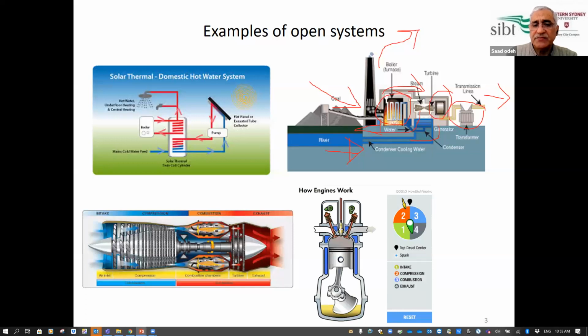Also, this is a traditional vehicle engine, such as the petrol engine or diesel engine. Same thing, we have gases entering the engine from this side and gases exiting the engine from the other side, which means that we have fluid crossing the boundary, and this is an open system again.